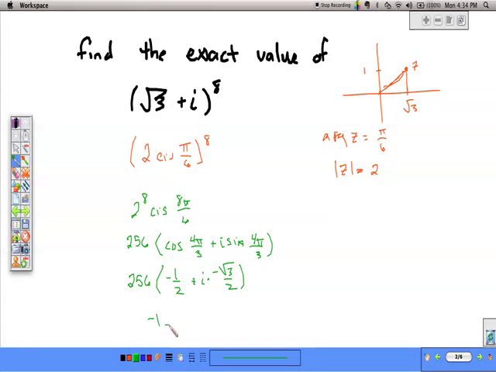I get negative 128 minus 128 square root of 3 times i. Multiplying this out as binomials would take a very long time. Changing to polar form and then back again and using de Moivre's theorem in the middle allows us to raise to the 8th power or any other exponent very quickly and efficiently.